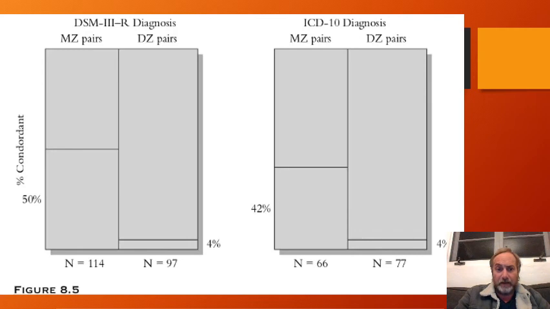Among MZ pairs, 50% concordance rate compared to 4% for DZ, according to the DSM. And on the right, using the ICD way of diagnosing people, slightly fewer concordant pairs among MZ, 42%, still 4% among DZ, and still a significant difference.